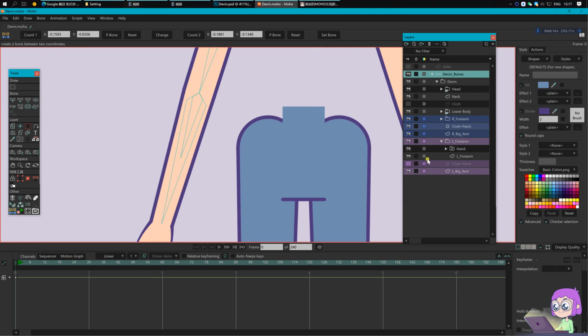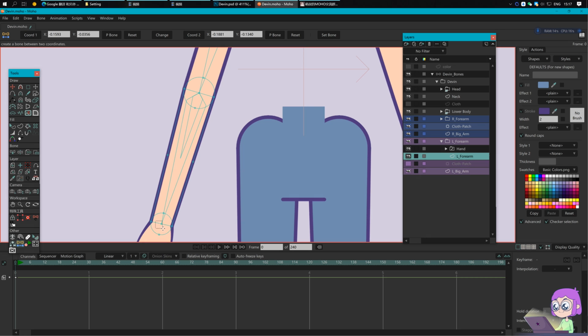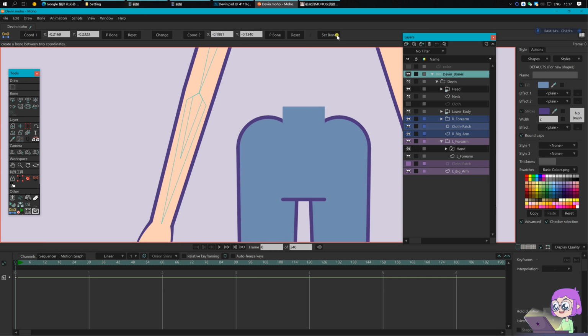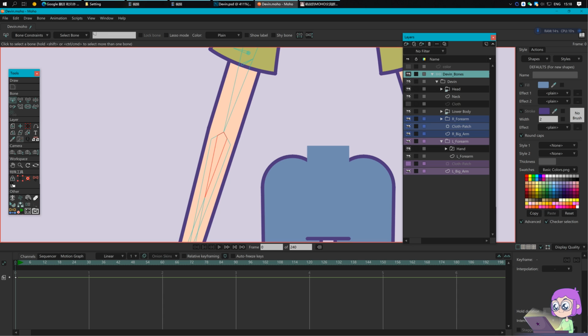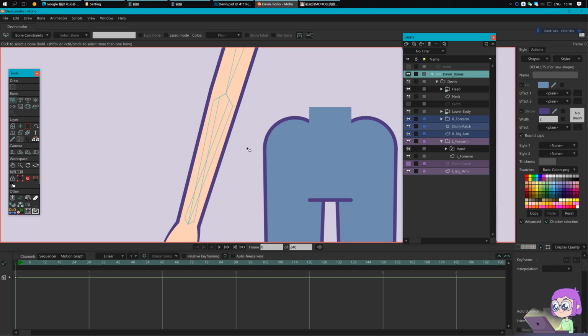Then create two medium length bones. Then set bones of the joints.